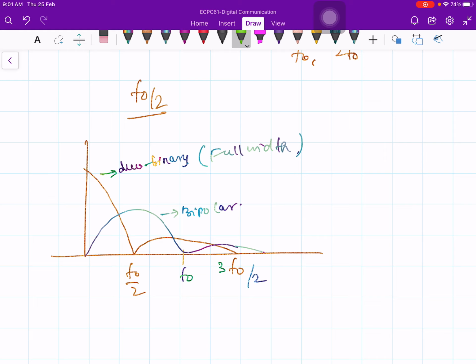If you take half width pulse, duo binary half width pulse, then it is going to be like this, and this green color is again duo binary, but we are considering half width pulse.